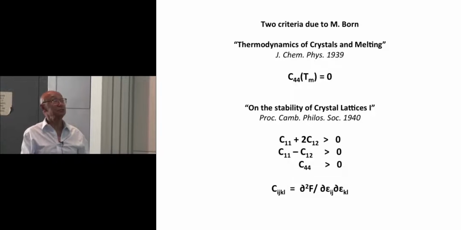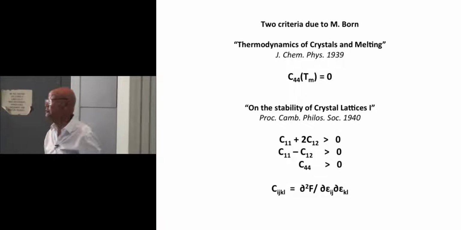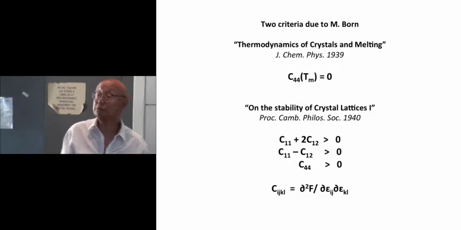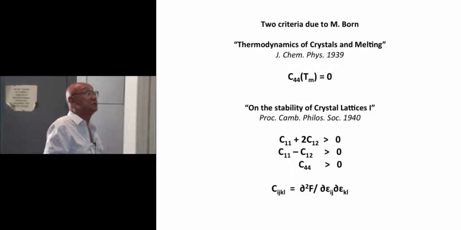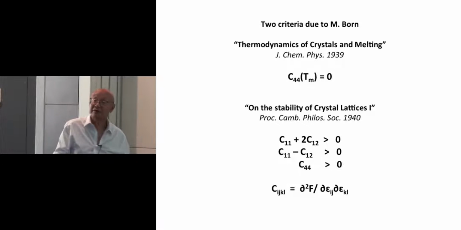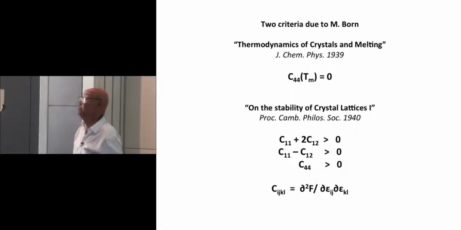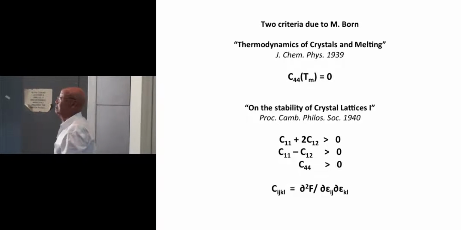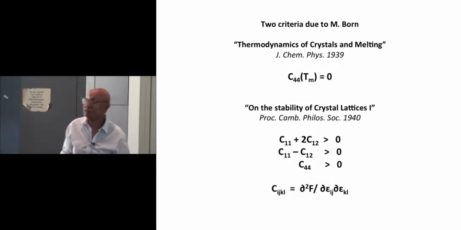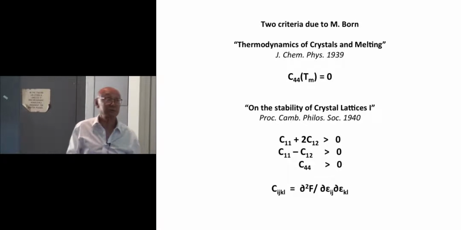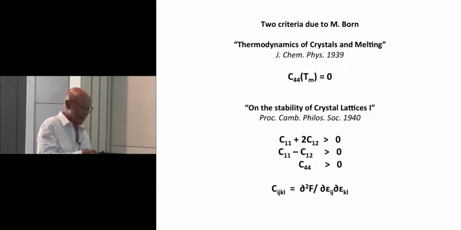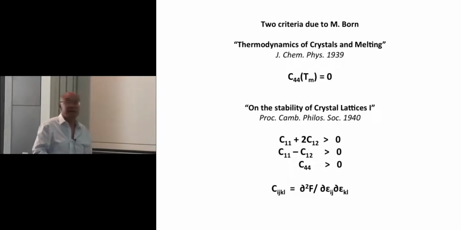C11 plus 2C12, which is basically the bulk modulus, has to be greater than 0, otherwise the crystal is not stable. C11 minus C12, which is a sort of tetragonal shear modulus, has to be greater than 0. And finally, C44, the rhombohedral shear, has to be greater than 0. So when these 3 conditions are satisfied, that's when the crystal lattice is stable.